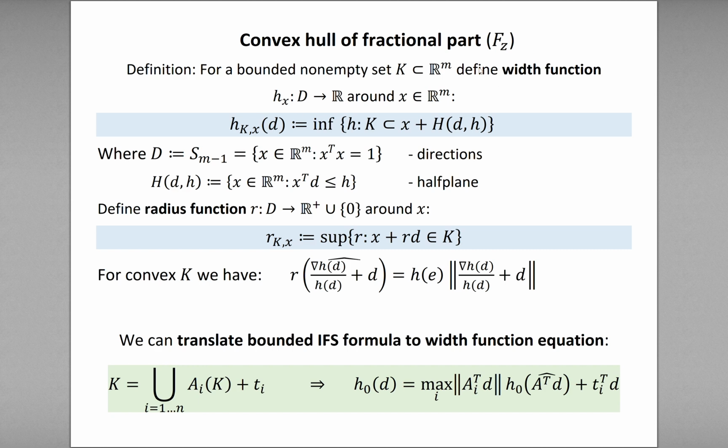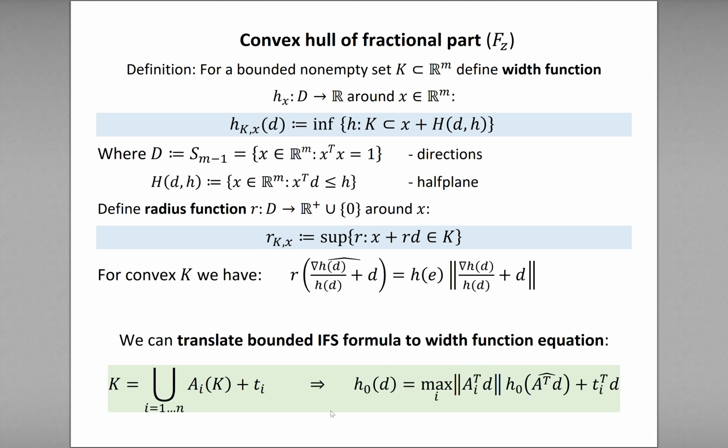We can translate it with some more intuitive direction function, giving not the position of the supporting plane, but the distance. We can translate between them with this kind of optimization. It's not very simple, but can be fun. But the most important is that we can find this width function, this H function, these positions of the supporting plane, from the self-similarity relation.